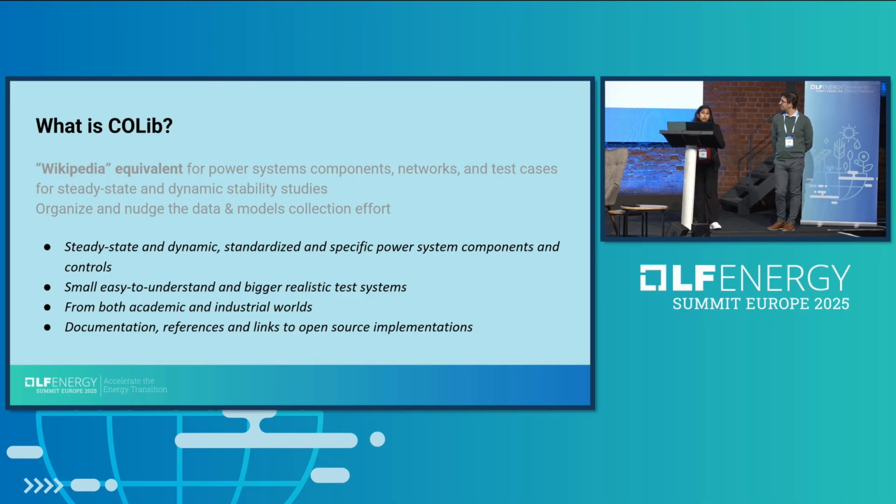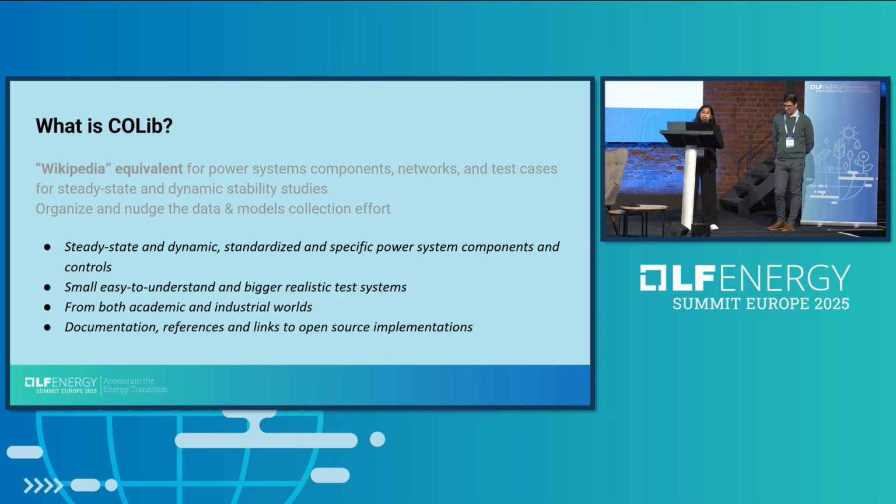Coming to the key contents of COLib. We have steady state and dynamic, standardized, and specific power system components. It's a combination of both simplified models that could be used for teaching, as well as detailed industrial scale simulations. Also, it has test systems, which are small and easy to understand, for example the CIGRE two-area test system, and bigger, realistic test systems, for example the Slovenian power system, which will be a potential contribution to COLib.